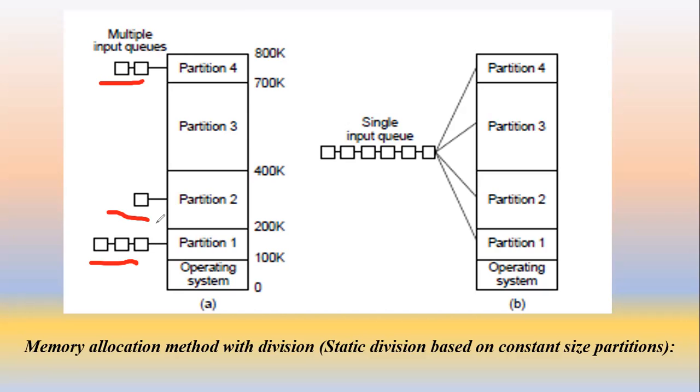So every partition has its own queue, but for figure B, all the processes queue in one queue, and then based on their sizes, they are taken to their respective partitions in which they fit with little or no wastage.